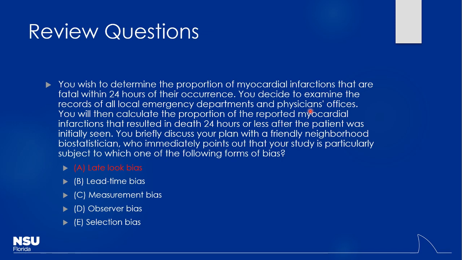You could do that, or for instance, if you were excluding certain geographical areas, maybe you're only looking at more affluent areas versus, say, an inner city area, that would be a selection bias. If you were looking at poorer areas where they may not be seeking out medical care, perhaps you'll have a higher proportion of them that are dying, rather than a more affluent area where they're more likely to be chronically managed, perhaps. That's one way I would consider it.